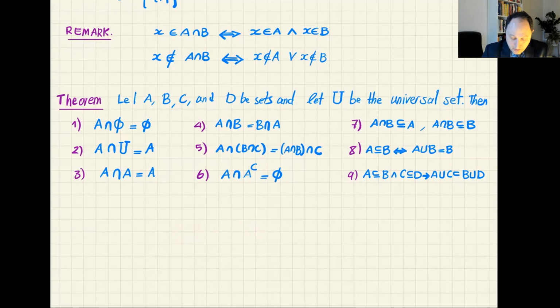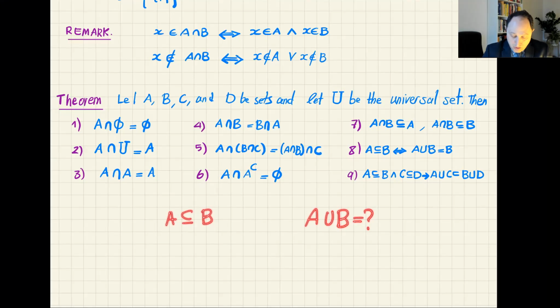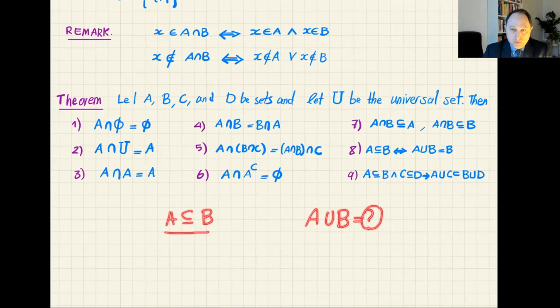But now, if I tell you that one of these sets, A, is a subset of another one, now if I ask you again the same question, this time you can do better. Even though you still don't know the elements inside the set A and inside the set B, because of this piece of information, you can write something instead of this question mark for me. And that was the content of item 8 in this theorem.